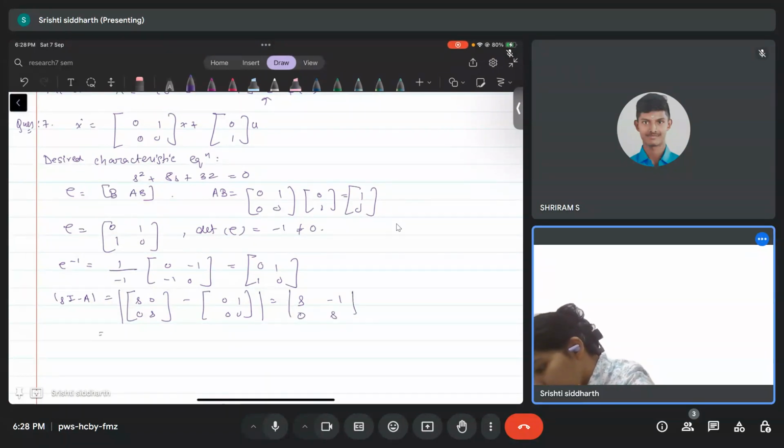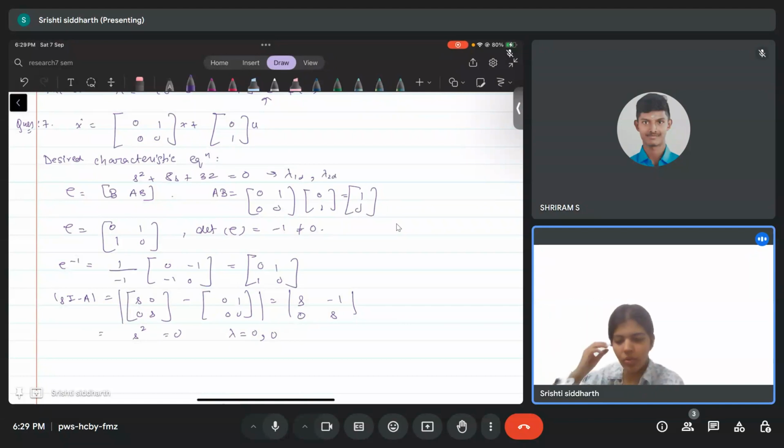So this is simply s square. Right now the poles are at 0, 0. And we want the poles to be at lambda 1d and lambda 2d, which are the roots of this polynomial.